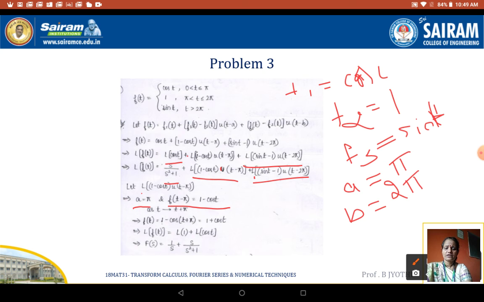That gives us 1 plus cos t, because when I apply the ASTC rule, pi plus something is already minus, minus of minus will be plus. So we are getting 1 plus cos t. So apply the Laplace transform, then we will be getting f of s is 1 by s plus s divided by s squared plus 1.